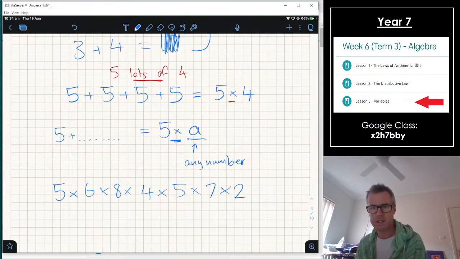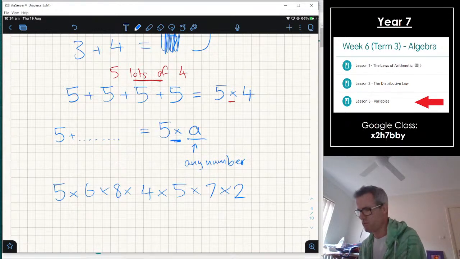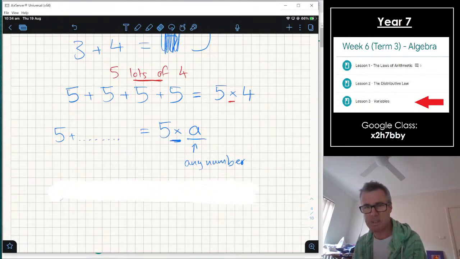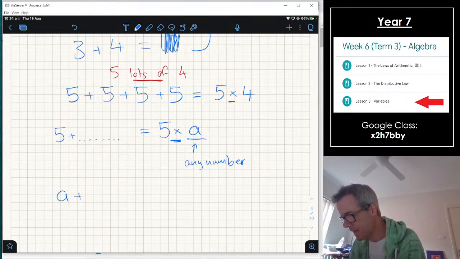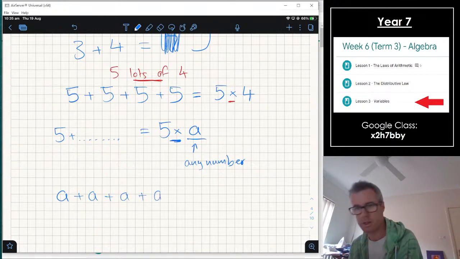You can see it's really long and really painful, right? What algebra does is it simplifies that. Let's start with this one here, A plus A plus A plus A, like so.